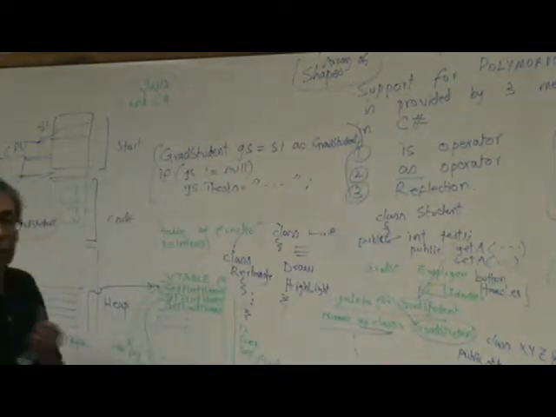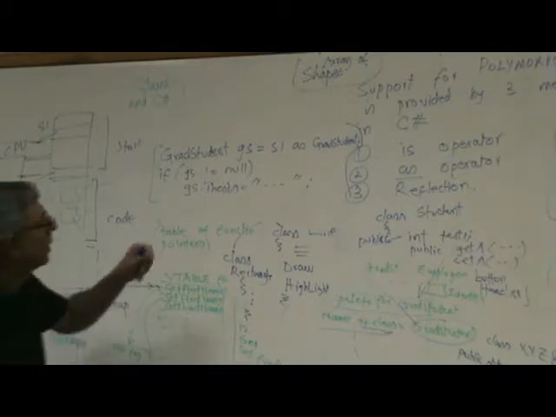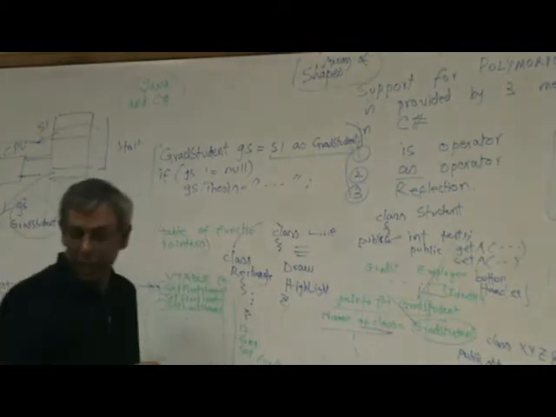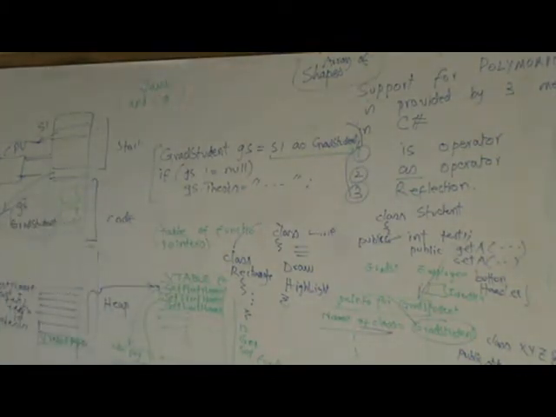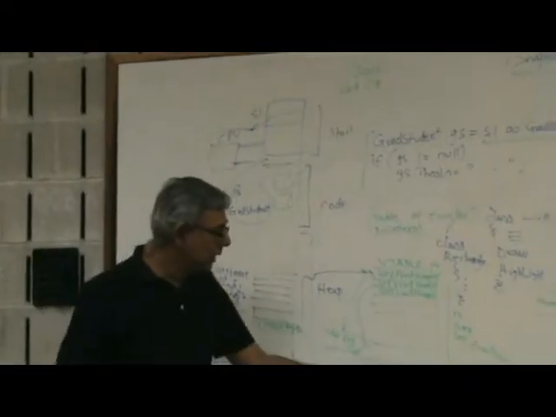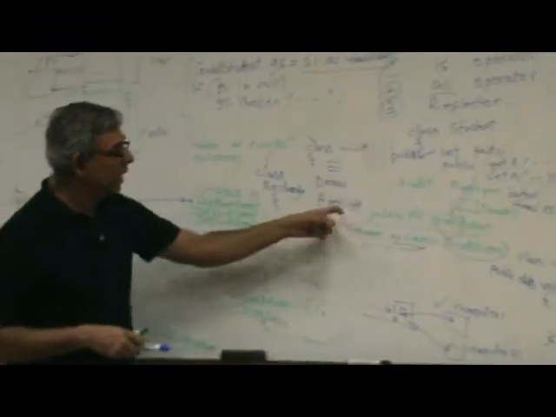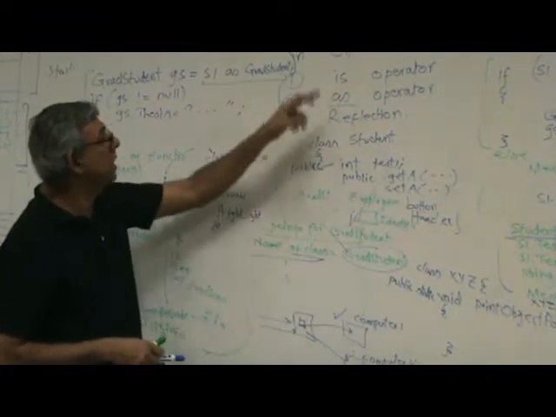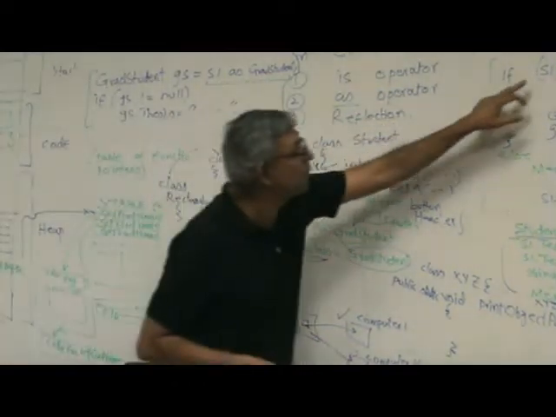Let me explain what it means. This statement, S1 as GradStudent, what will it do? It will basically start with S1, go to the V table, go to the type info, and again check if the name of the class is GradStudent. So it does the same thing as the is operator.